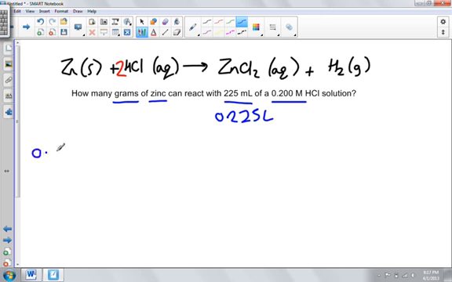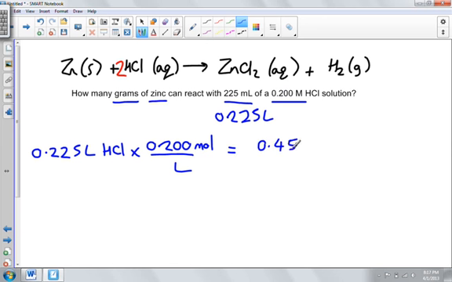So let's start with that. We have 0.225 liters of our HCl. We're trying to find moles, and we're going to use the volume and multiply it by the molarity. So we have 0.200 moles per liter, and so this gives us, no, that's not right, it's just an answer that I messed up.